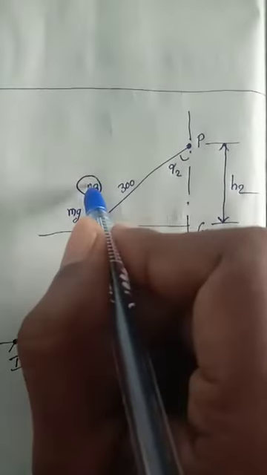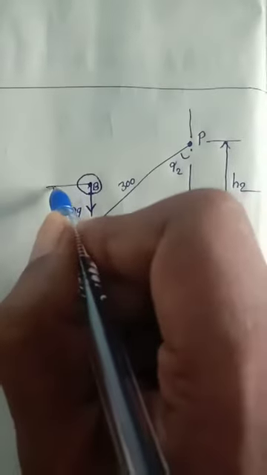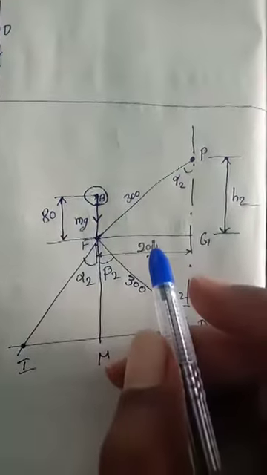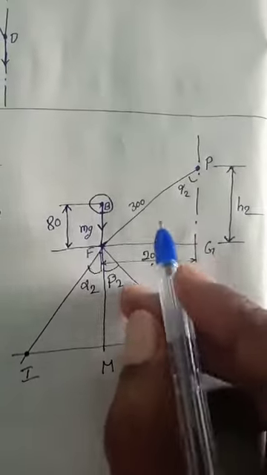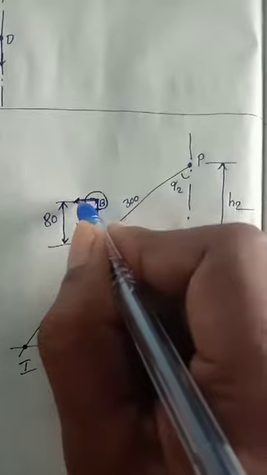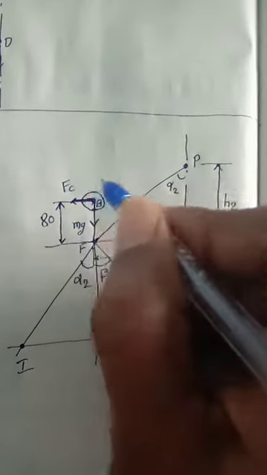This height is the same, 80. Now the centrifugal force is acting on this body, which is called Fc.